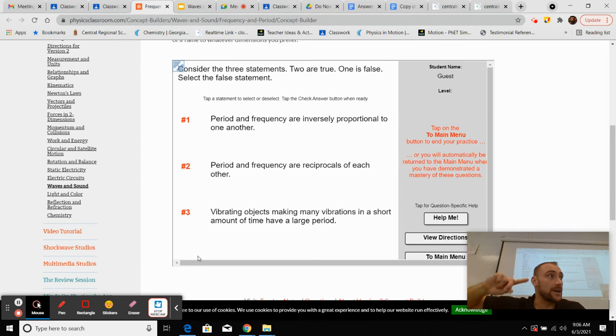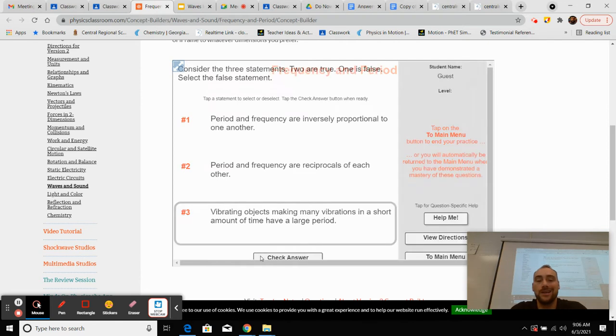From top to bottom and back to the top is one complete cycle, and it takes a longer period of time. If I go like this, the frequency is very high, but the time has gotten smaller. So 3 is the lie.